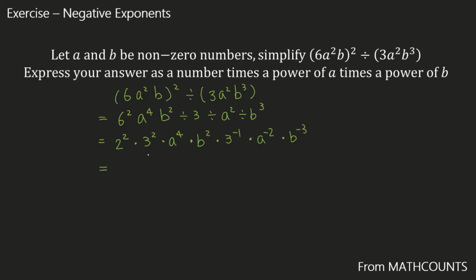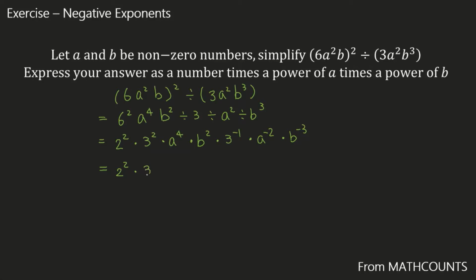So in this next step, let's combine the exponents that have the same base together to simplify. So first we have 2 squared, which is the only term that is base 2. So this stays as is, 2 squared. Multiplied by 3 squared is going to be combined with 3 raised to the power of negative 1.